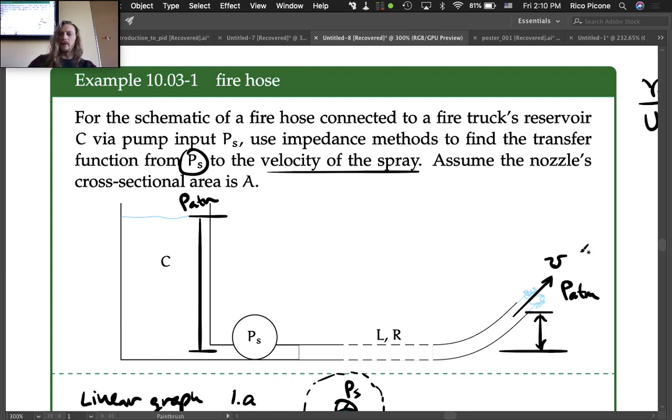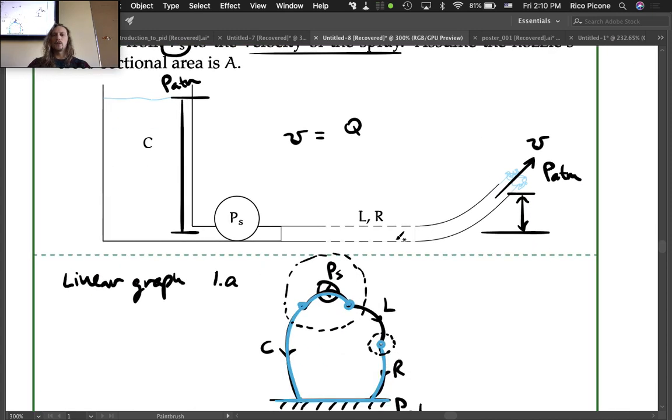So if we have the velocity of the water coming out, and that's what we want our transfer function to be too, then we probably should try to express that in terms of a flow rate, a volumetric flow rate. Which one specifically?